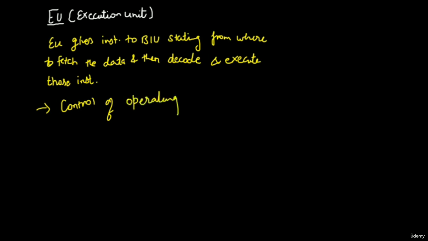So control of operations is happening in the EU. It has the ALU, and it performs the operation over the data through the BIU. So this is the execution.